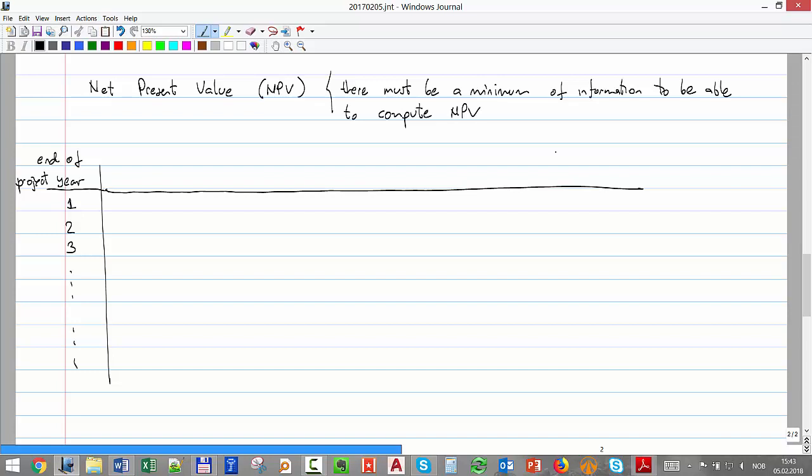Okay, and we have to calculate the cash flow in each one of these years. Okay, let's call it CF1. Okay, and that's nothing else than the sum of all the revenue minus all the expenses that happen on that particular year. Okay, revenue from year 1 and expenses from year 1 also.